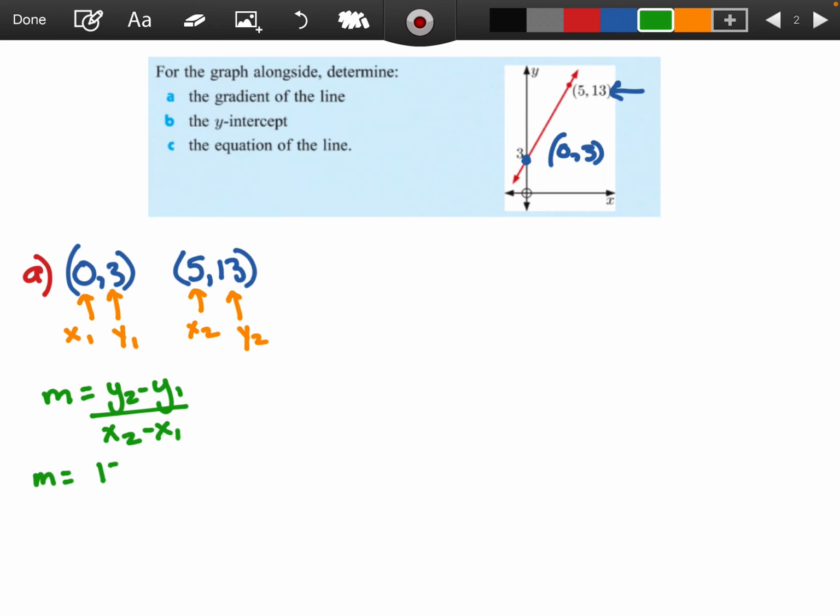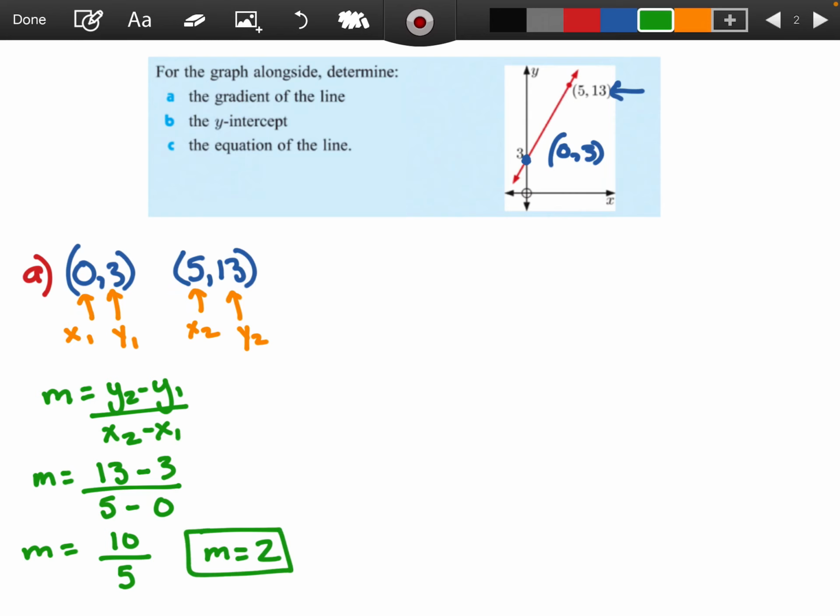So m equals, y2 is 13, y1 is 3, x2 is 5, x1 is 0. So 13 minus 3 gives us 10, 5 minus 0 gives us 5, 10 divided by 5, so m is equal to 2. So slope of 2.